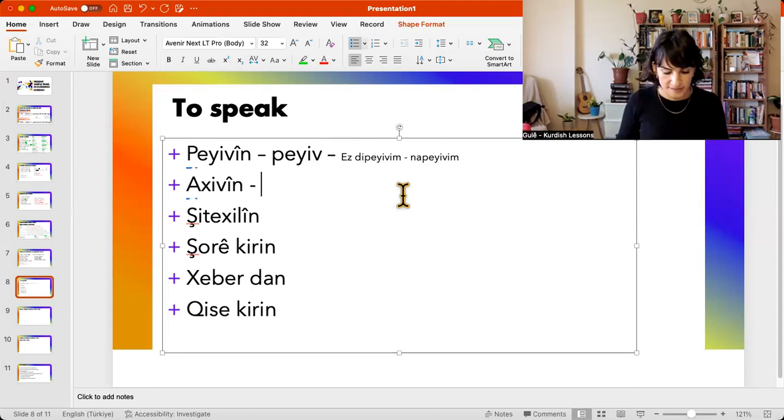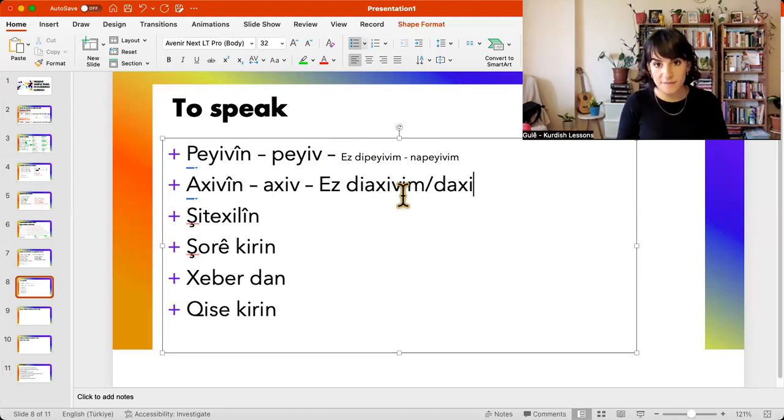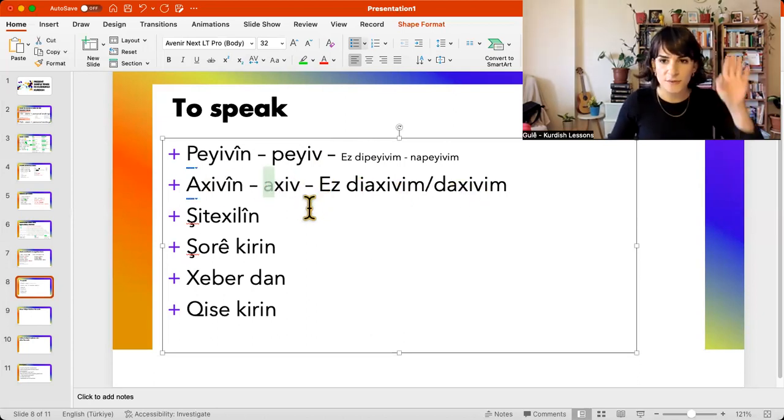Achavi, the stem is achav, so "as the achavim," or if you see "achavim," also possible, because if you remember, I said it's a, so we drop the "the," negative "na achavim," "as na achavim."